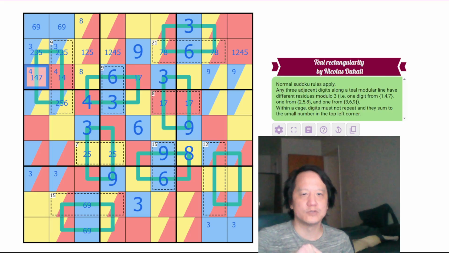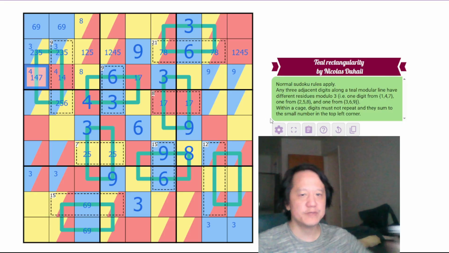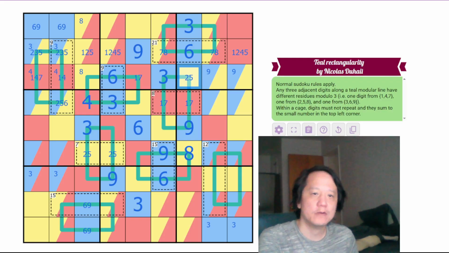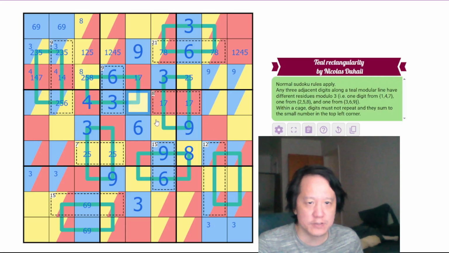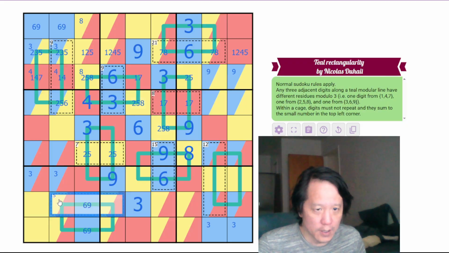It's not really that restrictive. This cannot be 8, so this is 2 or 5. It's obviously 2, 5, or 8, as are these two. What do these add up to?